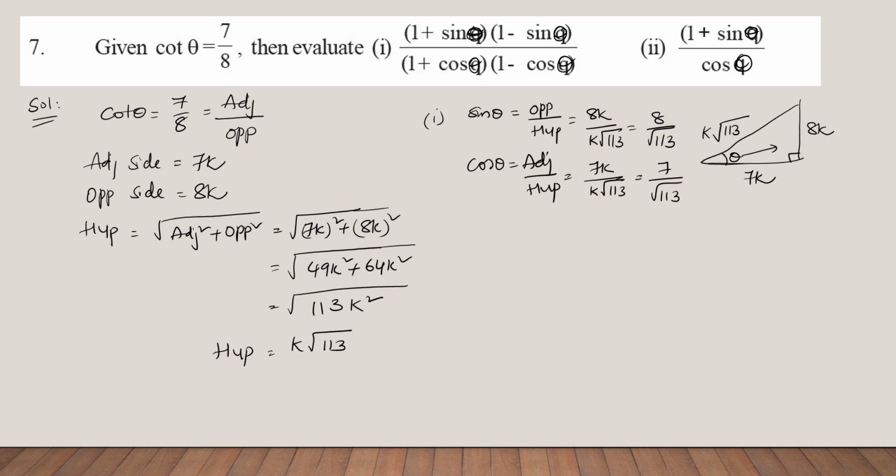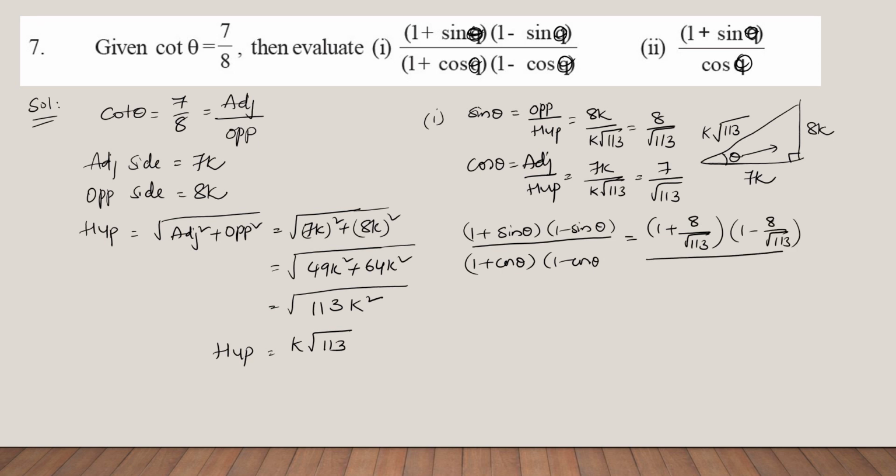Now in the first question, what do I need to find? (1 plus sin theta)(1 minus sin theta) by (1 plus cos theta)(1 minus cos theta). When I substitute the values, 1 plus 8 by root 113 into 1 minus 8 by root 113, divided by 1 plus 7 by root 113 into 1 minus 7 by root 113.